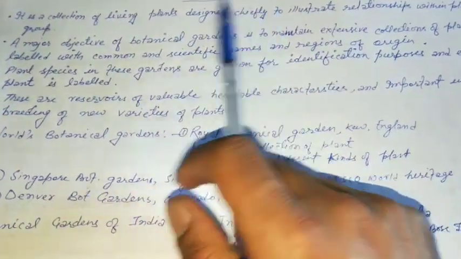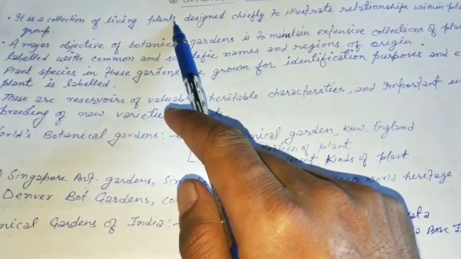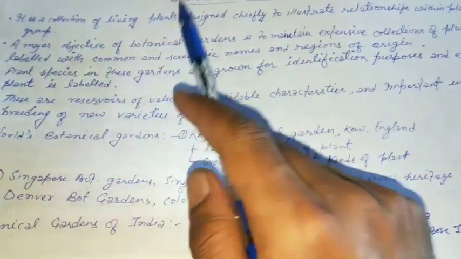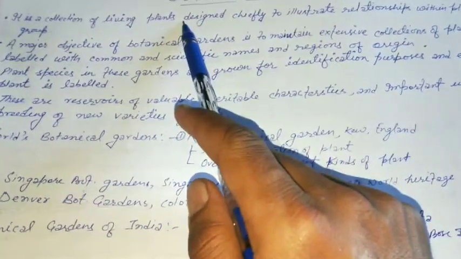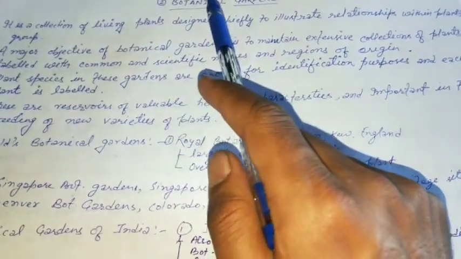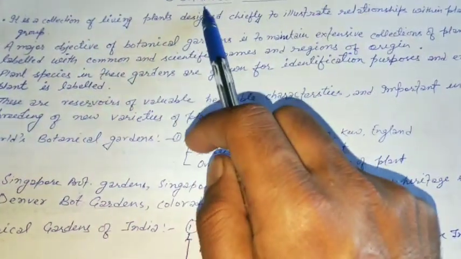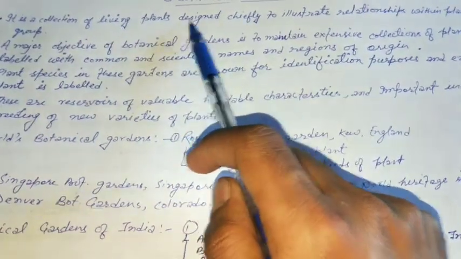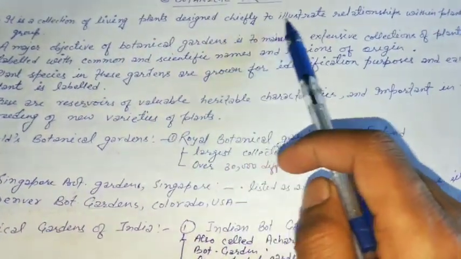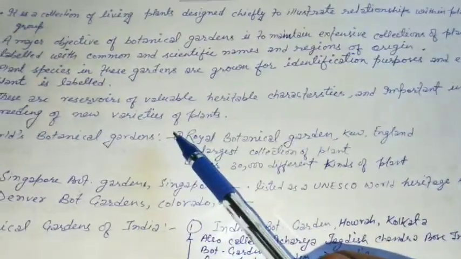A botanical garden is a collection of living plants. In herbarium, we collect dead plant tissues. But a botanical garden is a collection of living plants designed chiefly to illustrate relationships within plant groups.